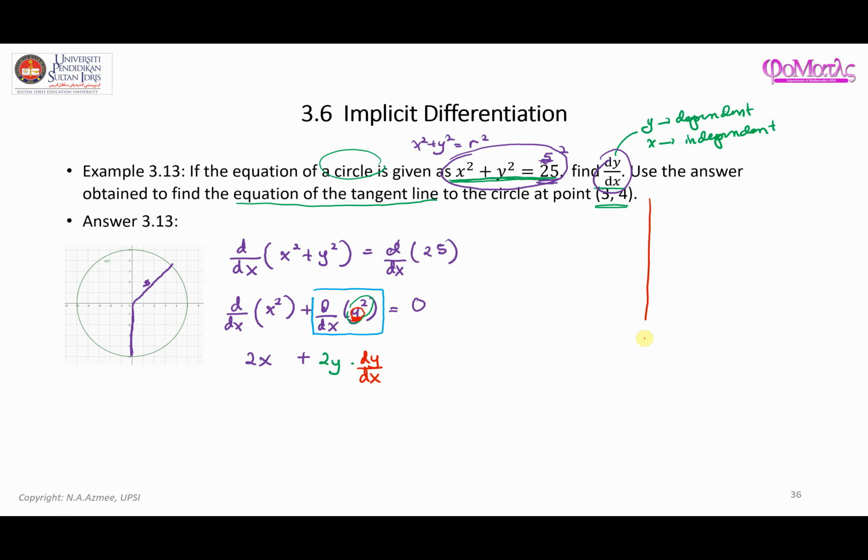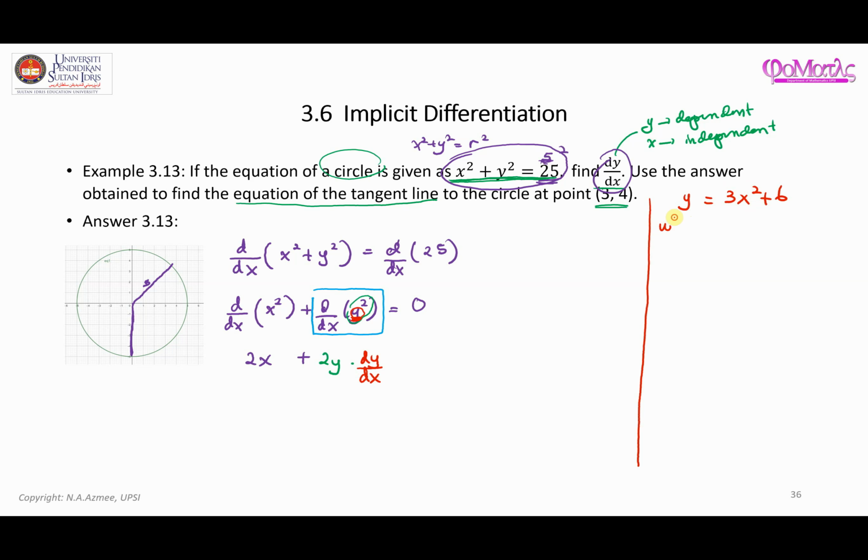Recall that previously, if you have an explicit function, I'll give you a simple example. Let's assume you have an explicit function y equals 3x squared plus 6.